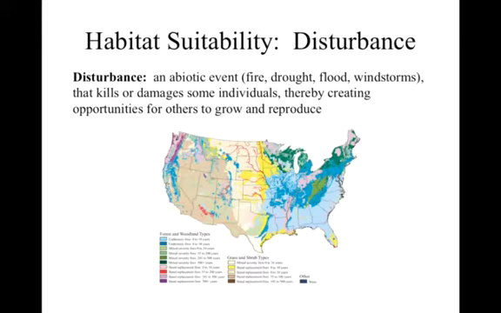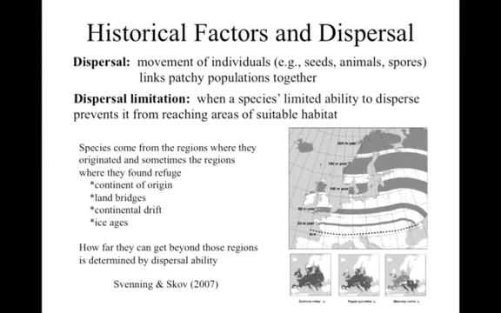You can see this in this map across the US, where in the locations where we have low rates of disturbance, we have forest and woodland type habitats. In the areas where we have high rates of disturbance, for example, this is specifically fire disturbance, we have grasses and shrubs.